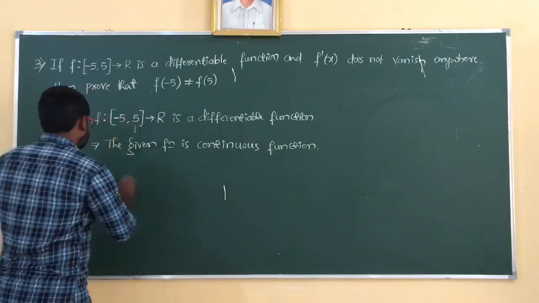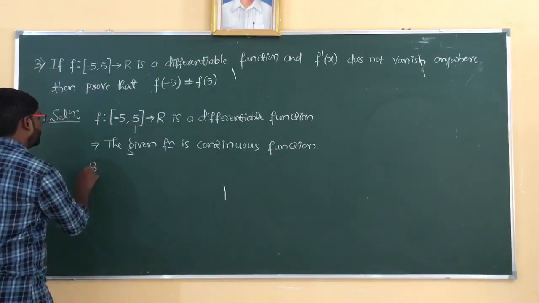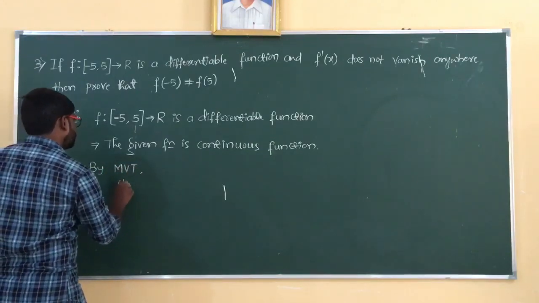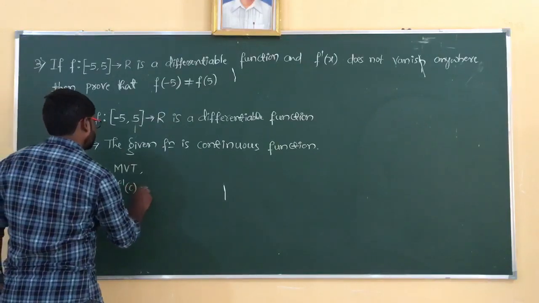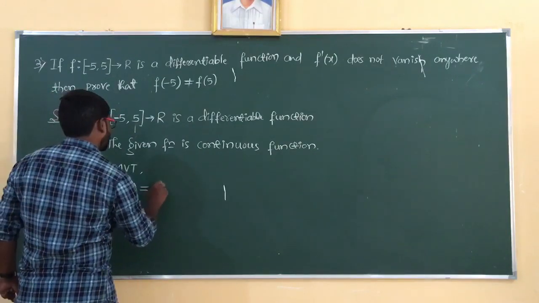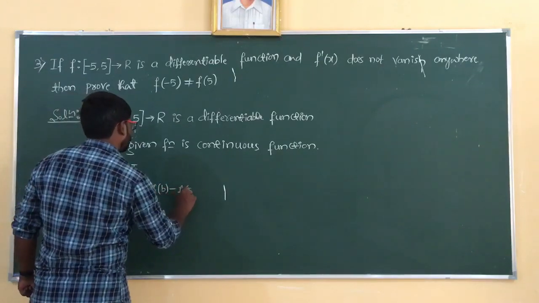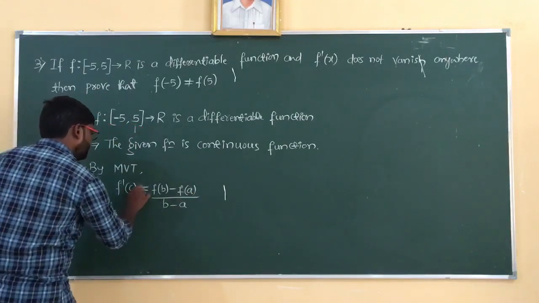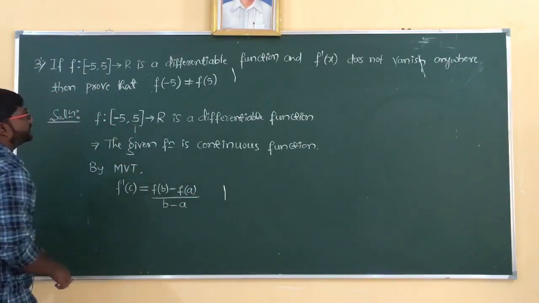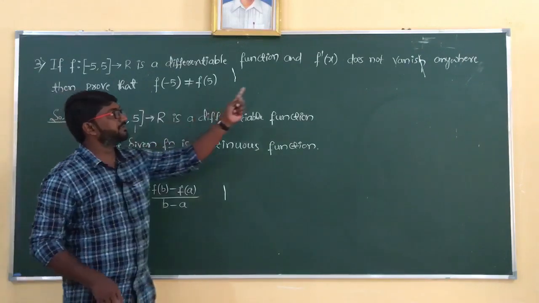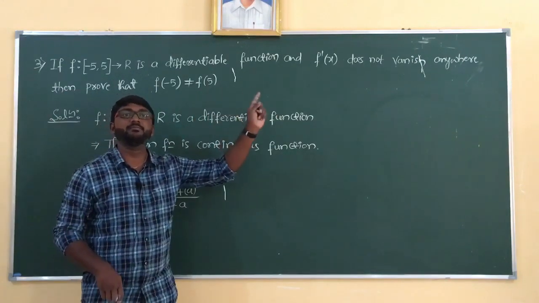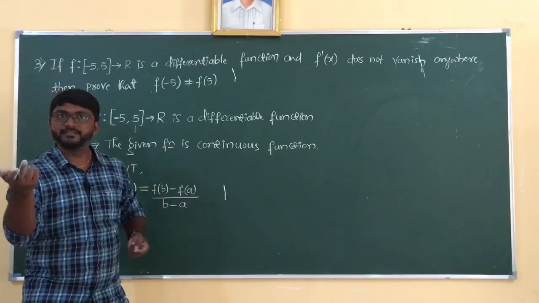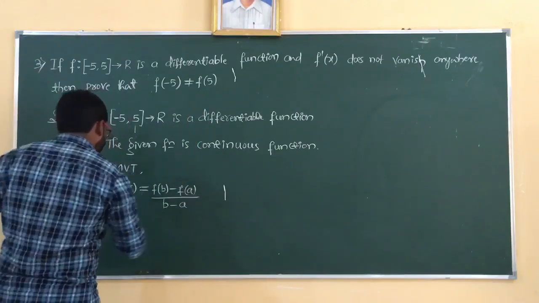So, now see here, by MVT f dash of c which is equal to f of b minus f of a divided by b minus a. So here he has also given another condition now, f dash of x doesn't vanish anywhere, that means f dash of x is not equal to 0. If f dash of x vanishes means f dash of x equal to 0 now. So, we will consider the given condition.